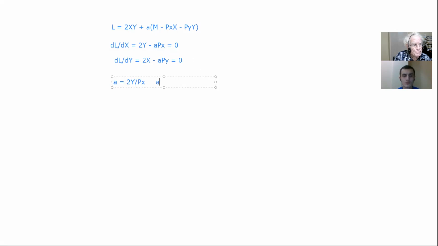And then a from the second condition is equal to 2x divided by the first of y. So let's equate the two expressions for a. 2y divided by the first of x is equal to 2x divided by the first of y.